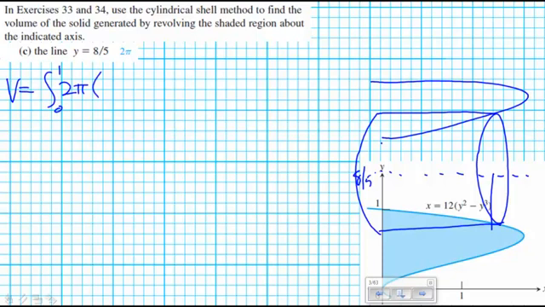It's still 2 pi, but this time, what's our radius? I think it's going to be 8/5 minus y this time. High value minus the low value, because this point here is for some typical y value. And then back again to 12 times y squared minus y cubed. And again, the thickness of the cylinder is in the dy orientation.